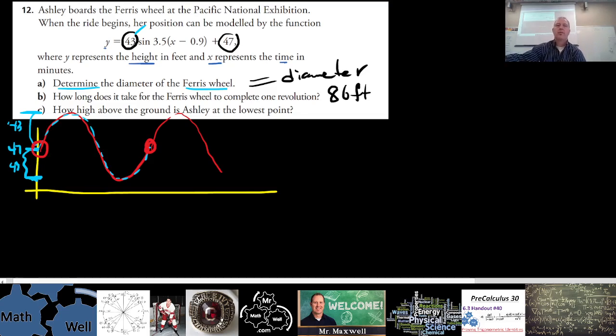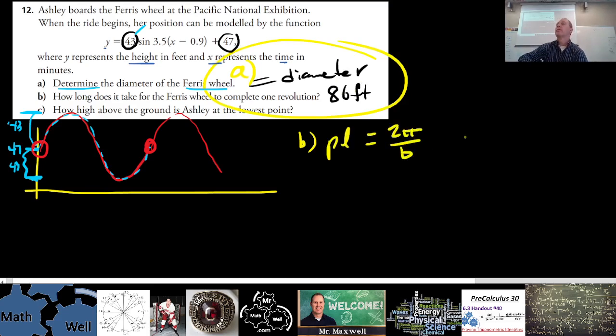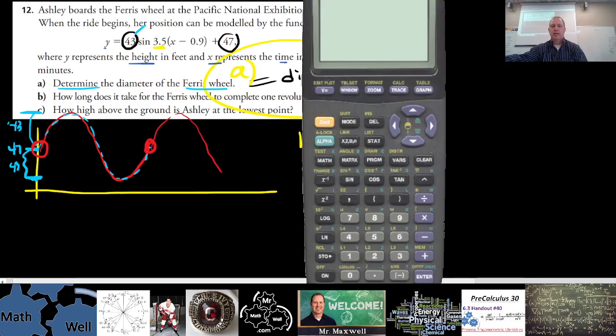So for B here, the period length for a sinusoidal function is 2 pi over B. So B is going to be 3.5 here. That's the B value. So period length is 2 pi divided by 3.5. And we're talking about minutes, so obviously we're going to use a decimal here. That's fine.